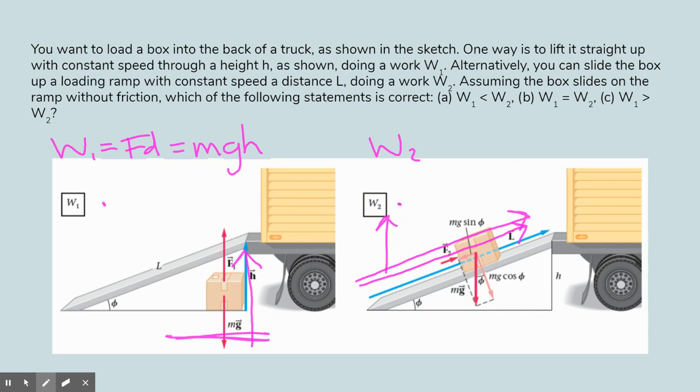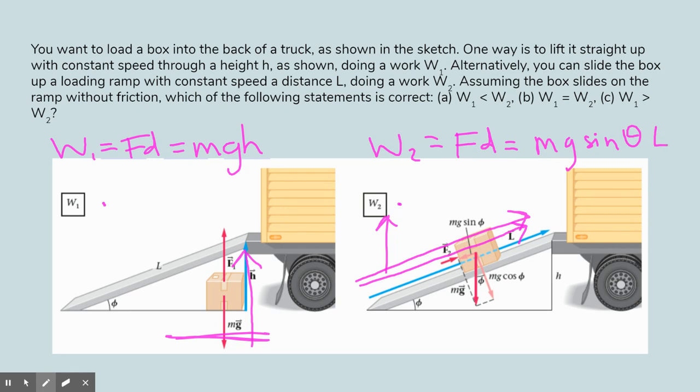So we're going to say this box is only moving in the x direction. So we have force times distance. And that is equal to, now this time, since we're talking about the x direction, the force from this box will be equal to the weight, it's going to be mg sine theta, and the distance it travels is L.